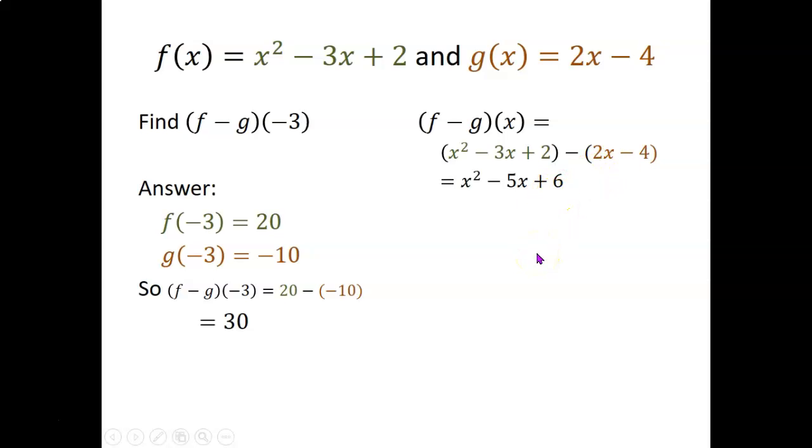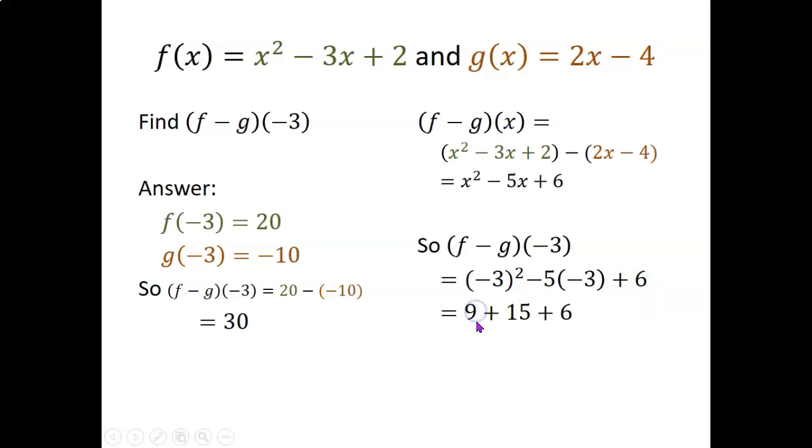So if that's f minus g in general, then when we replace x with the specific number negative 3, we're looking at negative 3 squared minus 5 times negative 3 plus 6, which is 9 plus 15 plus 6, which does add up to 30.